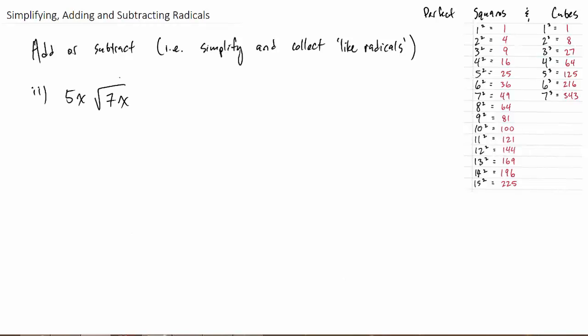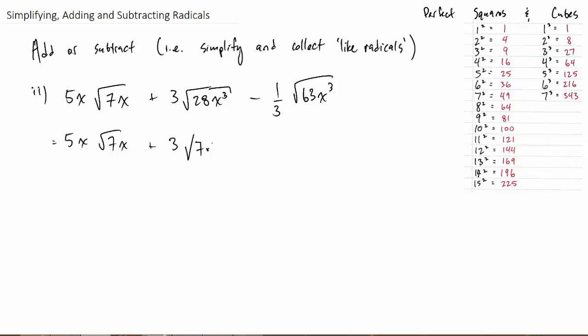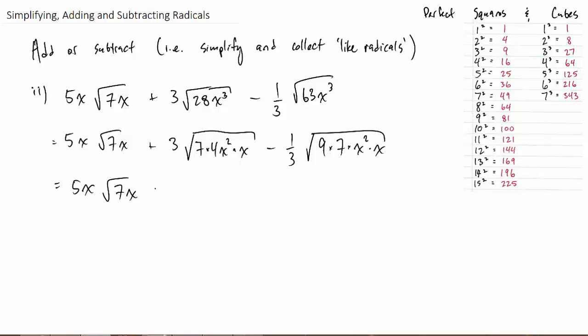Alright, so here's another one. This time we'll put some variables in there, and again, these look different, but what we're going to find is that they're all actually going to have a root 7x term. In this case, because 4 times 7 makes 28, when we bring things out of that radical and we apply the radical rules, you'll find that you get left with a 7x on the inside.